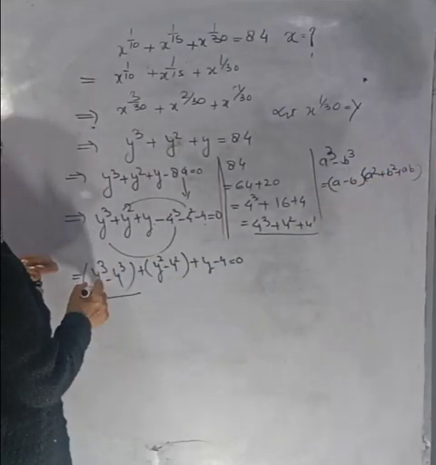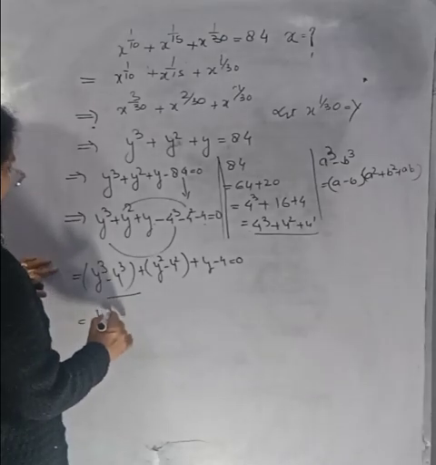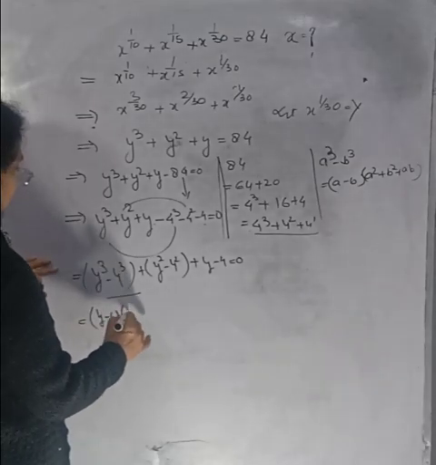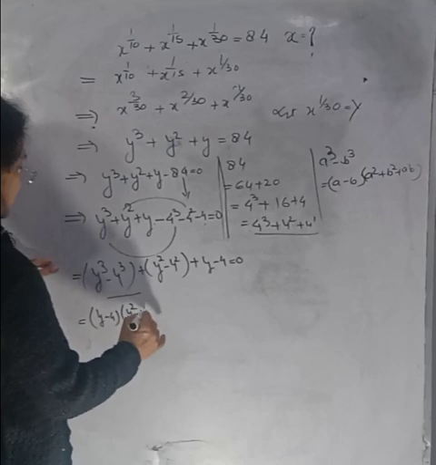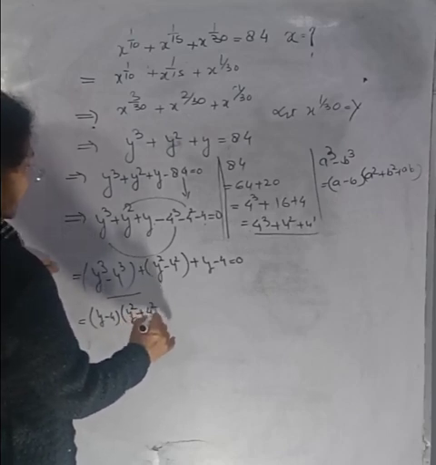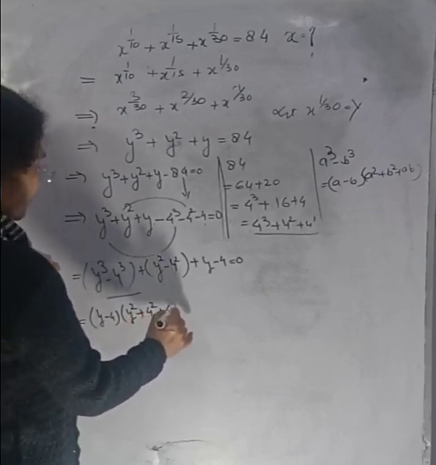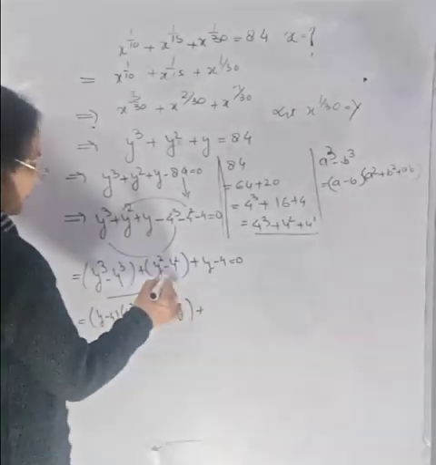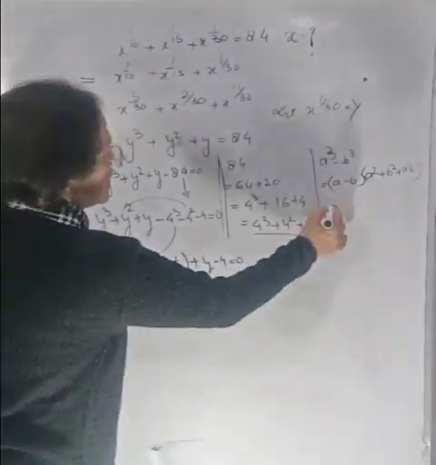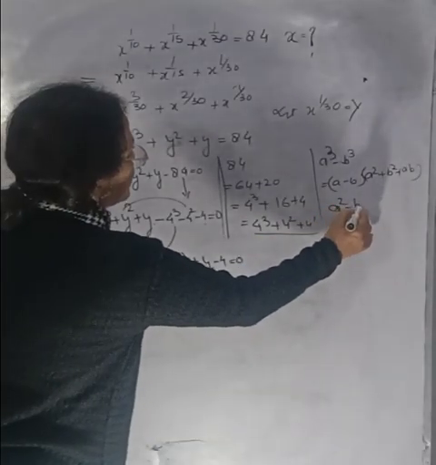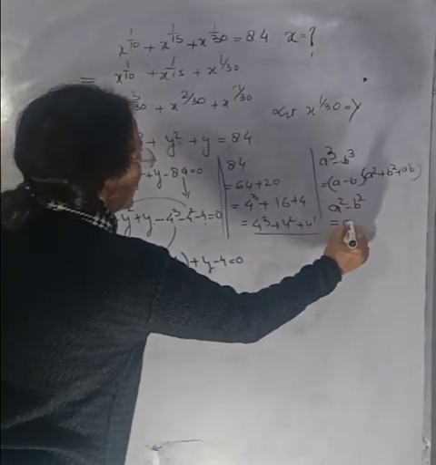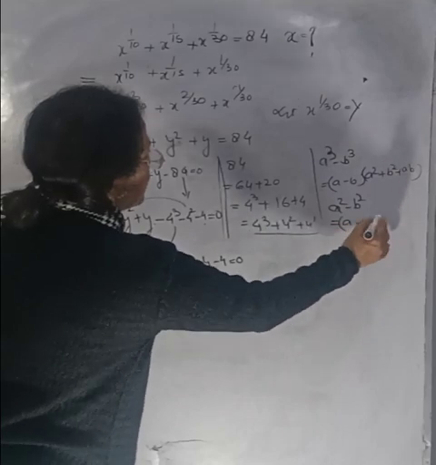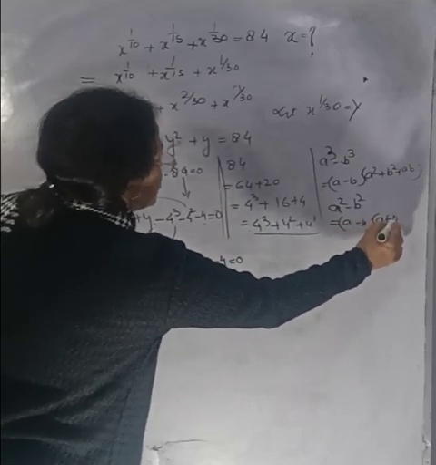So in place of this we can write y minus 4 into (y square plus 4 square plus 4y). Plus, a square minus b square can be written as (a minus b) into (a plus b).